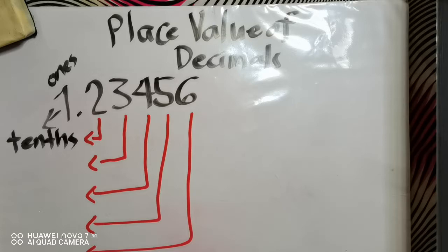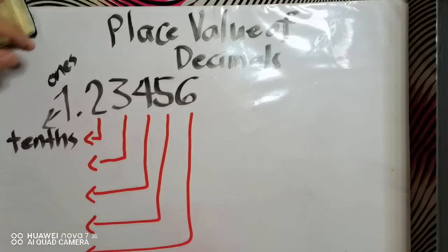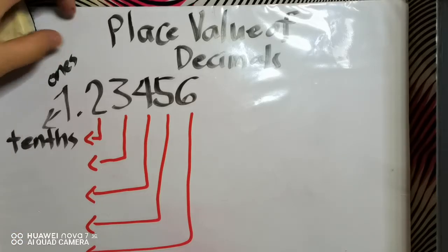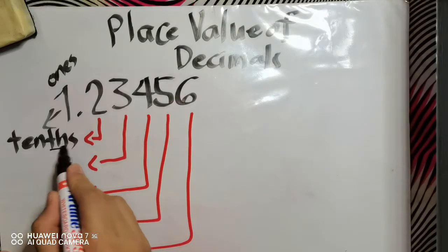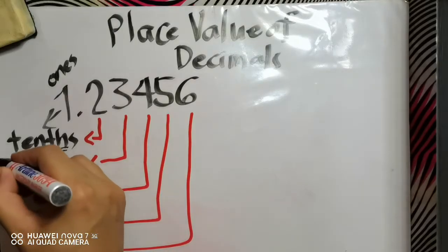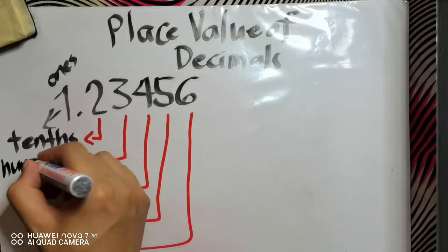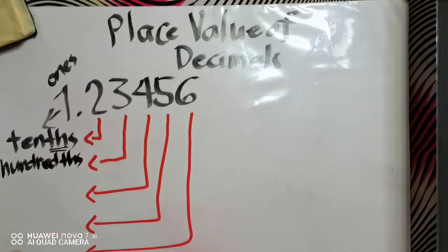Okay? It's the tenths. Take note of the spelling kasi doon sa ating whole number, may number na 1 and then the S. Sa place value, meron tayong yung 10 and then THS. So, nagkaroon na ng TH. Next, this one, syempre, hundredths. Take note also of the pronunciation of the word. It is hundredths.